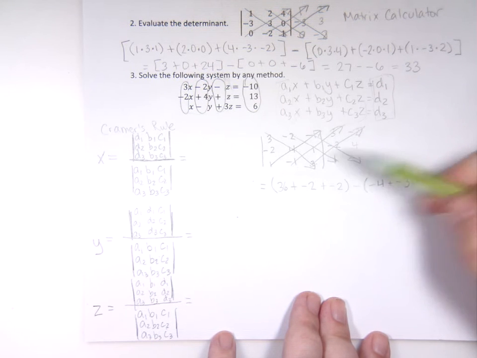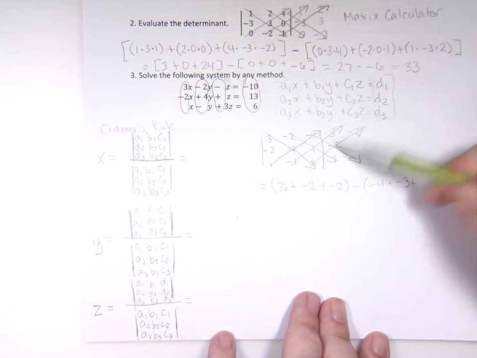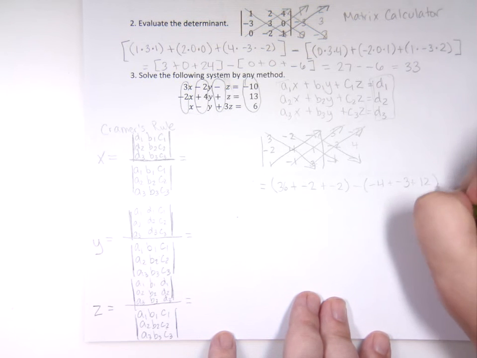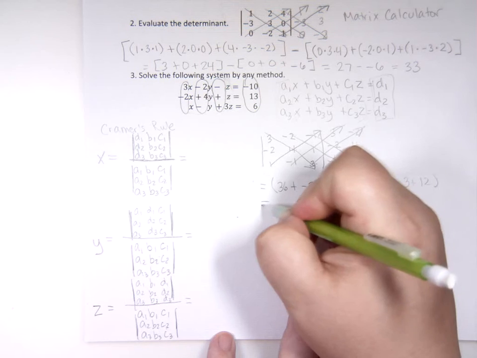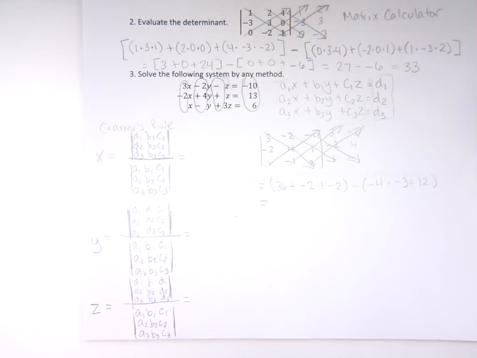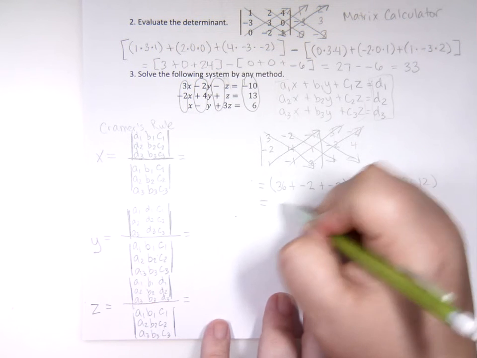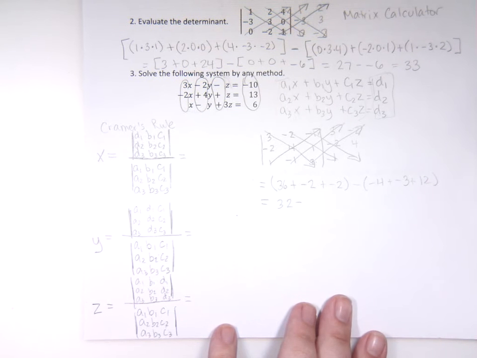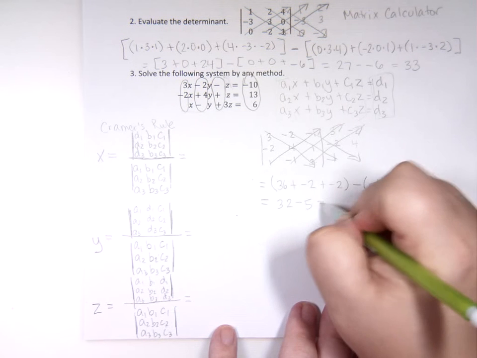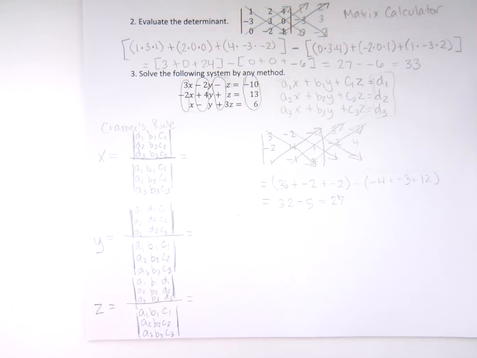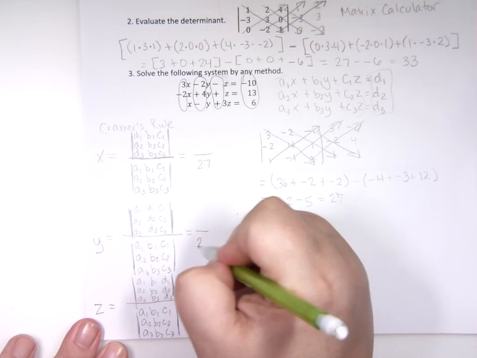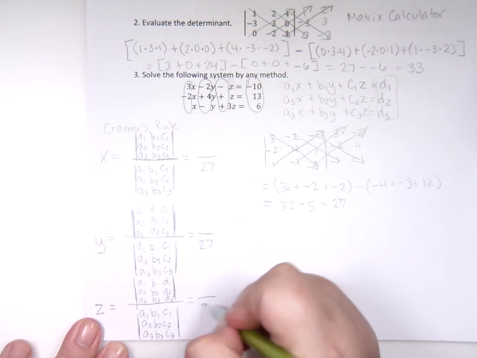And 3 times negative 2 times negative 2 is going to be a positive 12. So that gives us 32 minus 5, which is going to be 27. Okay, so our denominator, we now know in every single case, is 27.